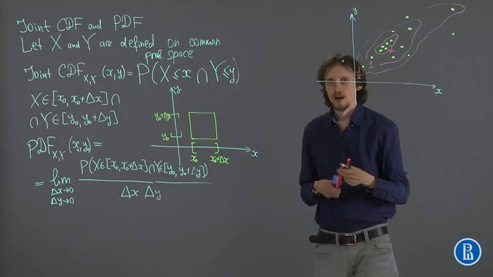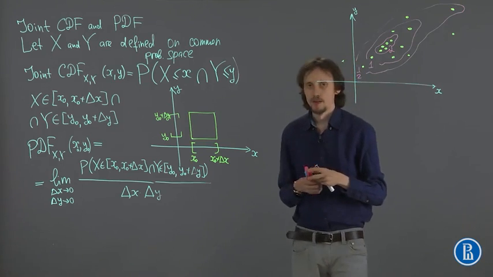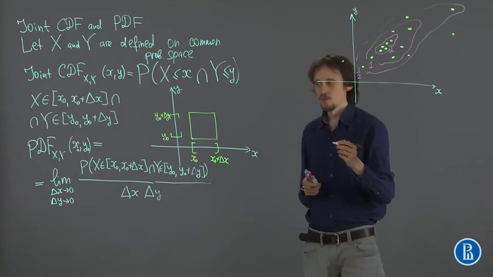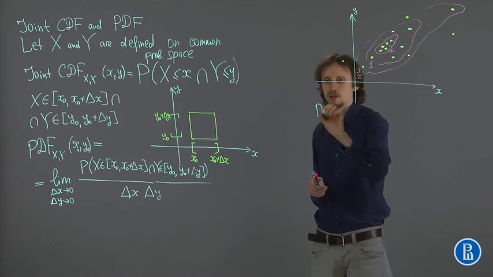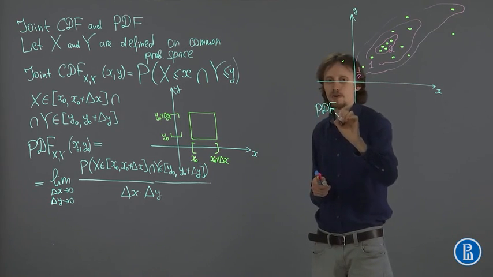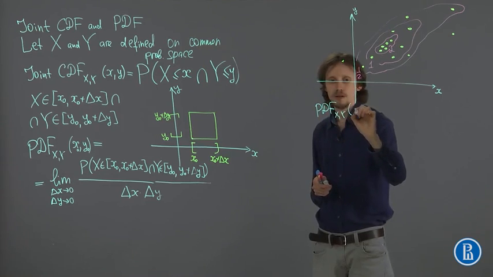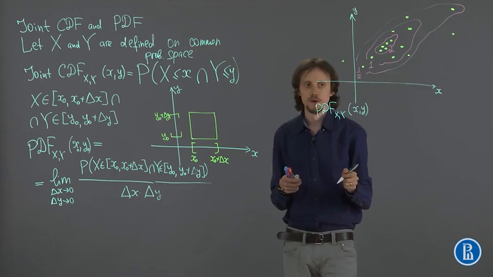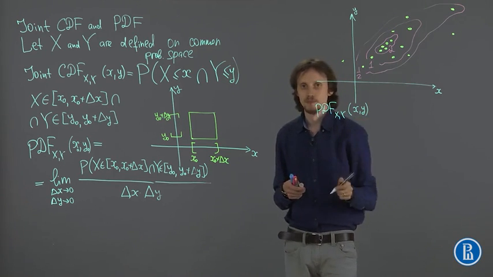Now, like in the discrete case, we can consider marginal distribution. So if we have the probability density function of a pair of two variables, x and y, how can we get the probability density function of one variable, for example x?